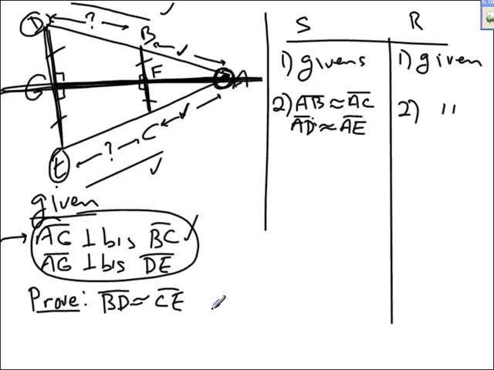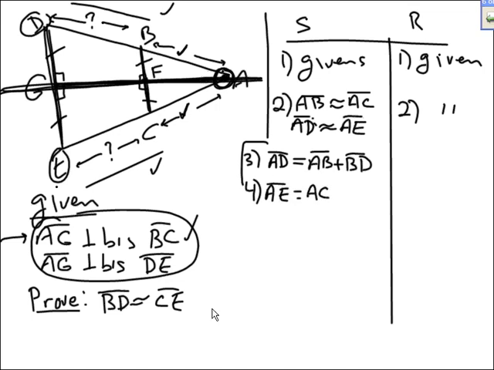Now, what I would say for statement number 3 is that AD is equal to AB plus BD. The sum of the parts is the whole. And I'll say the same thing for AE.